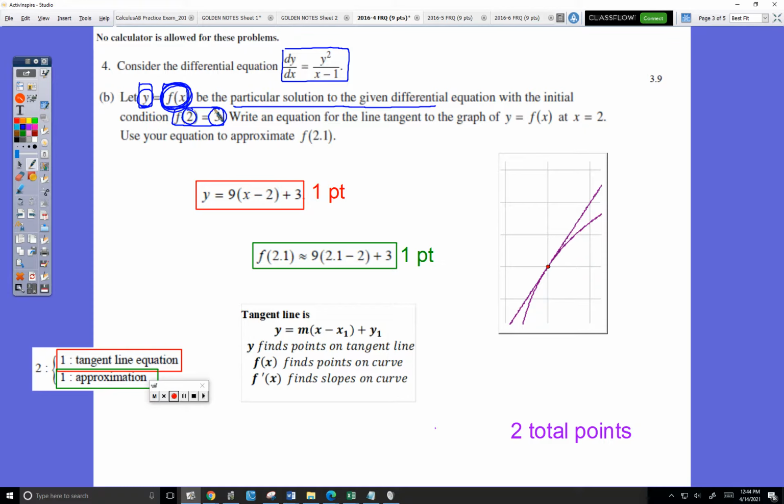Write an equation of the line tangent, careful, write an equation of the line tangent to the graph of f. So here's f. We're supposed to write an equation for this line here. So we know the basic format's going to be this.